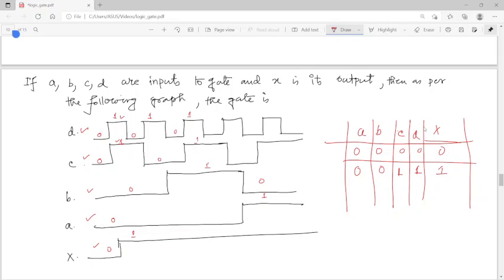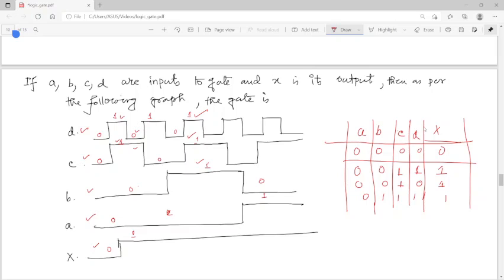In another case, D is 0, C is 1, B is 0, A is 0, and also you get output 1. And in this case, D is 1, C is 1, B is 1, A is 0, that means 1 1 1 0, and the output is 1, right?